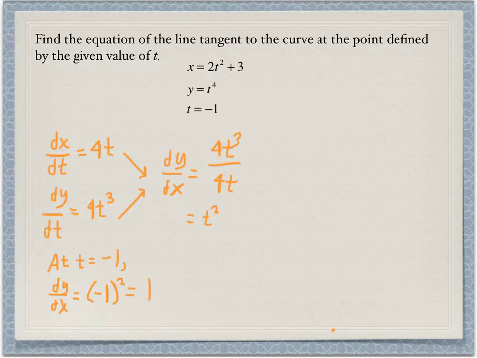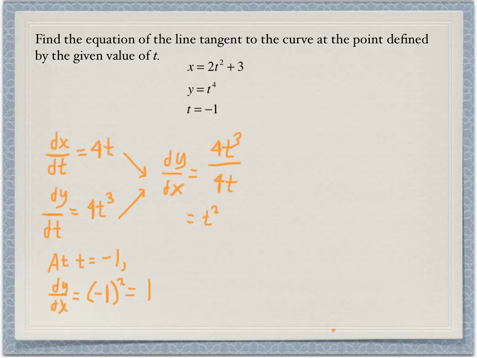Why do I square it? Well, when I figured out my derivative here, it was t squared. So at that particular t value, then I can just square it. So that is the value. So that's saying that the slope at -1, which is what we want, is actually +1.